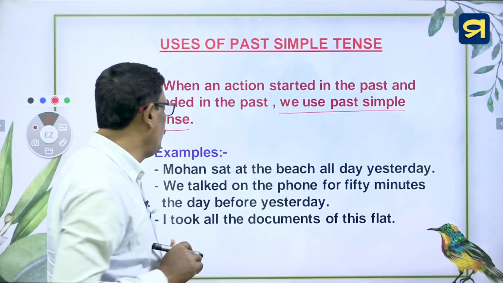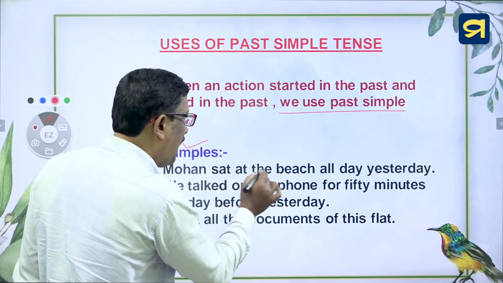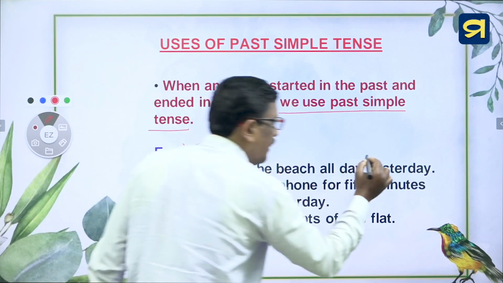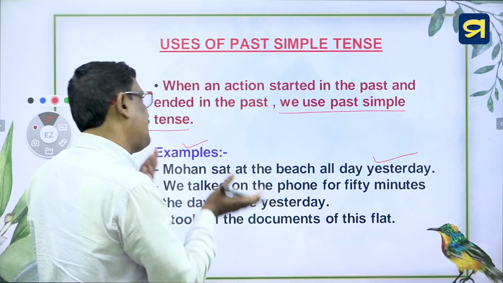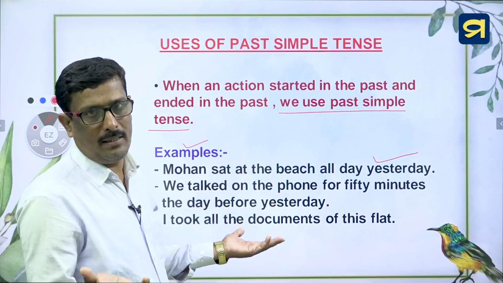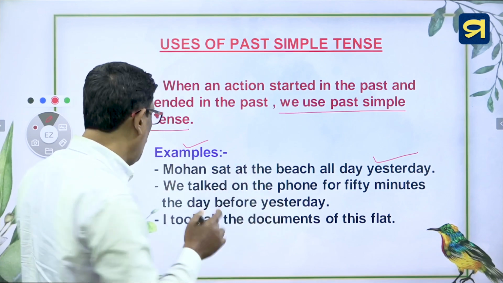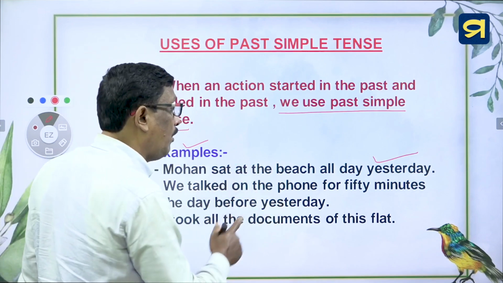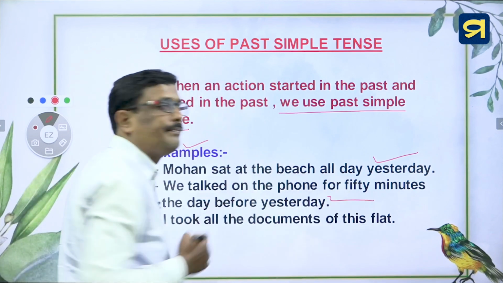Now we are going to give some examples. Mohan sat at the beach all day yesterday. You see, that means the action started in the past and ended in the past. There is no relevance with the present. Similarly, we talked on the phone for 50 minutes the day before yesterday.